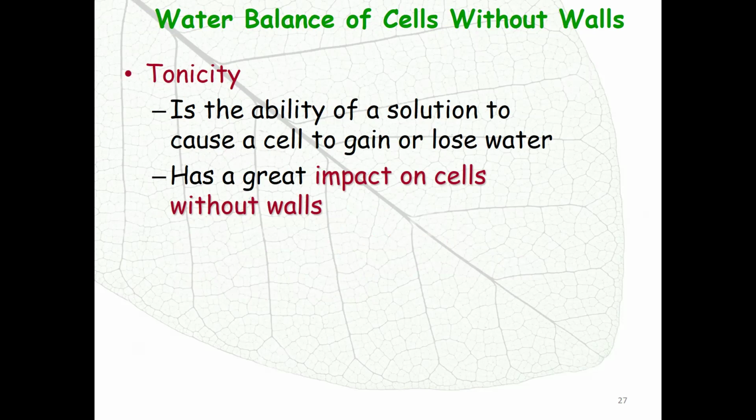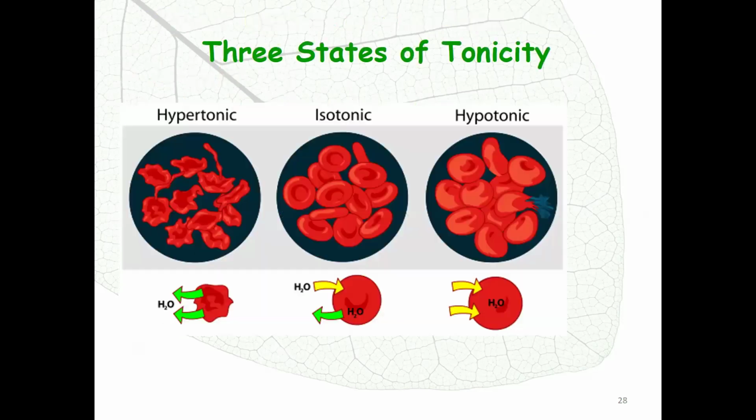A cell with a wall, otherwise, would have similar outer and inner concentration. Here you can see three states of tonicity: hypertonic, isotonic, and hypotonic. Here you see, in case of hypertonic, hyper means higher.